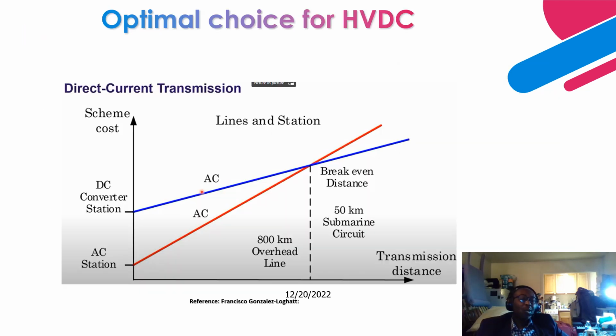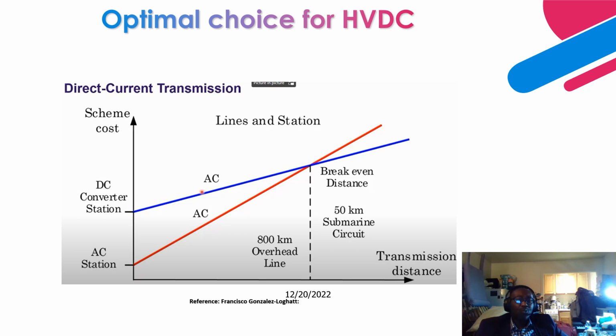Okay, so next we'll talk about the optimal choice. When do we decide on a high voltage DC transmission system as compared to a high voltage AC transmission system? As you can see over here, I have a chart. On the vertical axis, we have cost of the scheme, cost of HVDC scheme and cost of AC scheme, and on the horizontal axis is transmission distance.